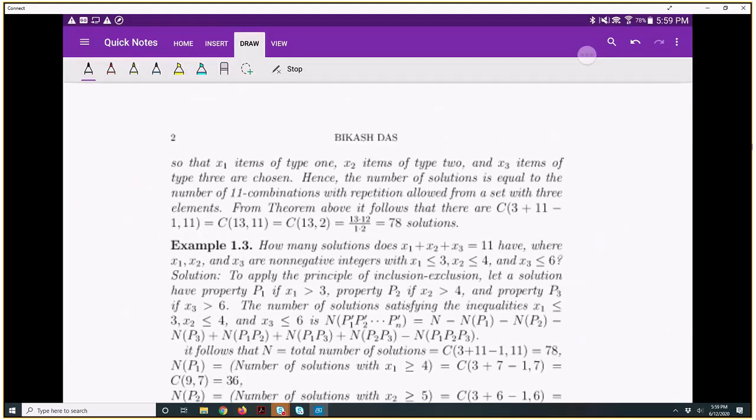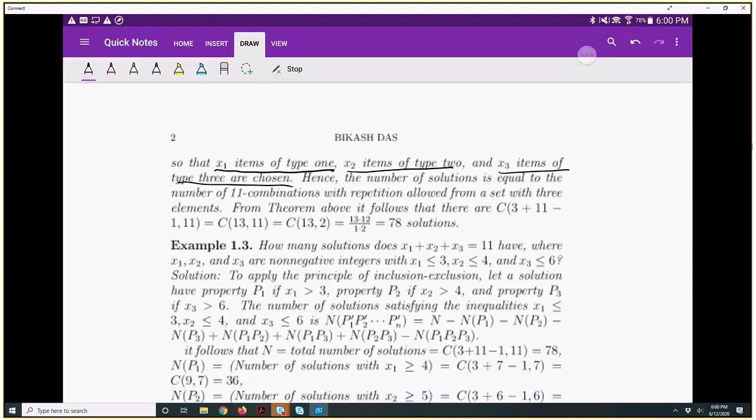And we want x1 items of type 1, x2 items of type 2, and x3 items of type 3. Then the number of solutions is equal to the number of 11 combinations with repetition allowed from a set with 3 elements.